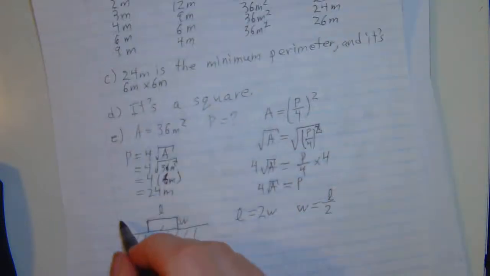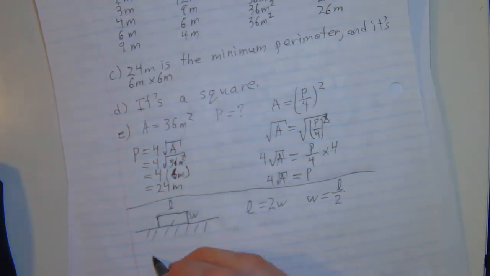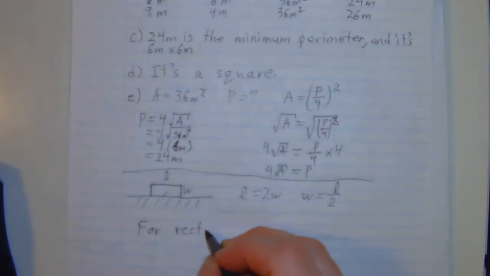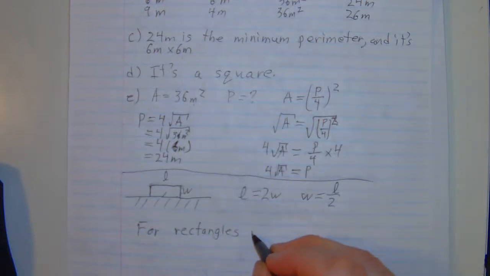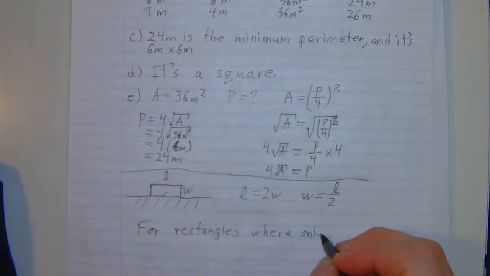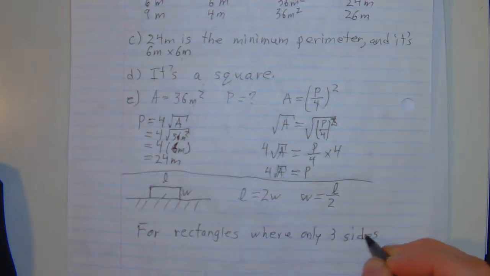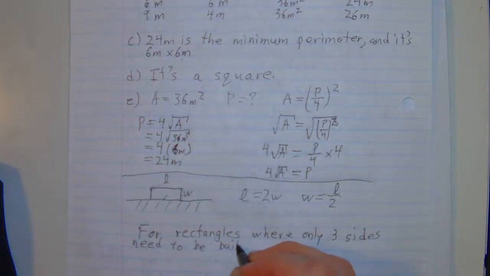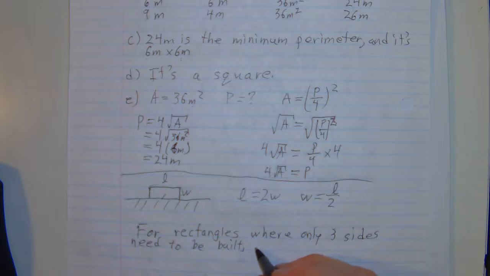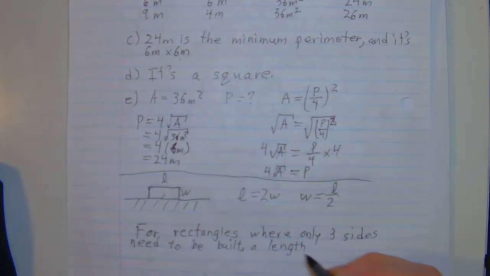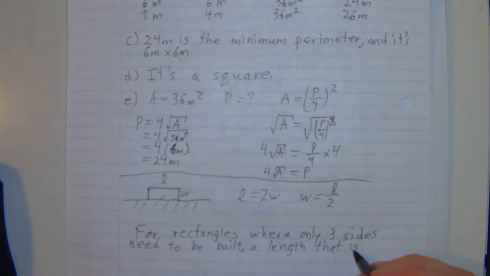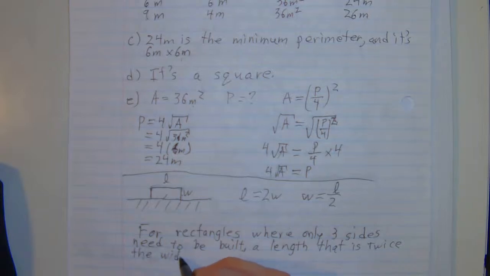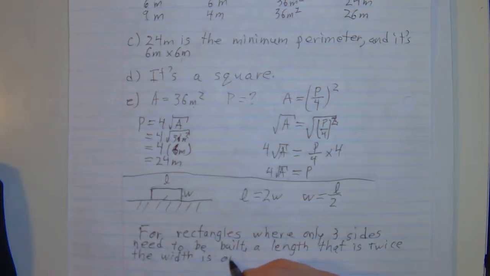So for rectangles where only 3 sides are being built, a length that is twice the width is optimal.